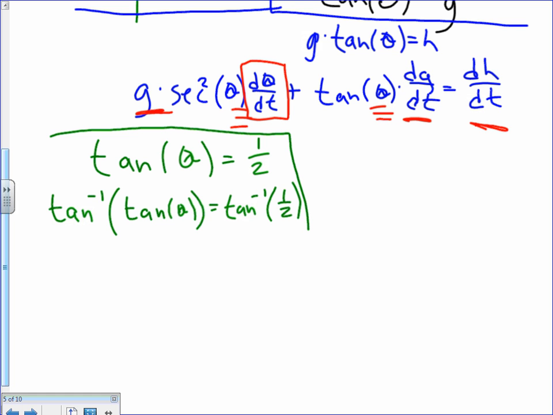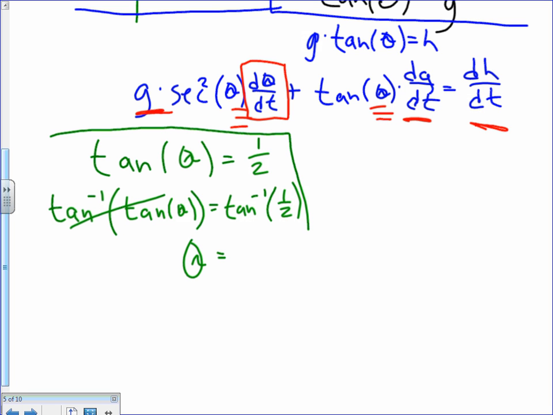Tangent inverse of tangent, they're inverses, so they undo each other, and we are left with theta equals... I run and get my calculator. And I type in tangent inverse of 1/2 because I do not know my unit circle as well as I should. And I get something weird.